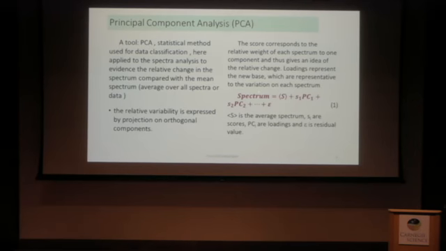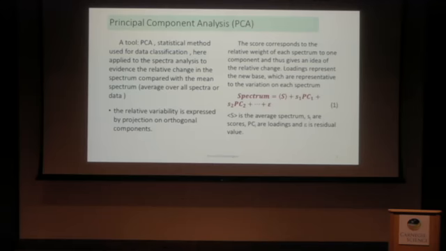So that means that the spectrum can be expressed as a function of the average mean spectrum and as a function of principal components. And principal components give an idea about the variability of a spectrum.